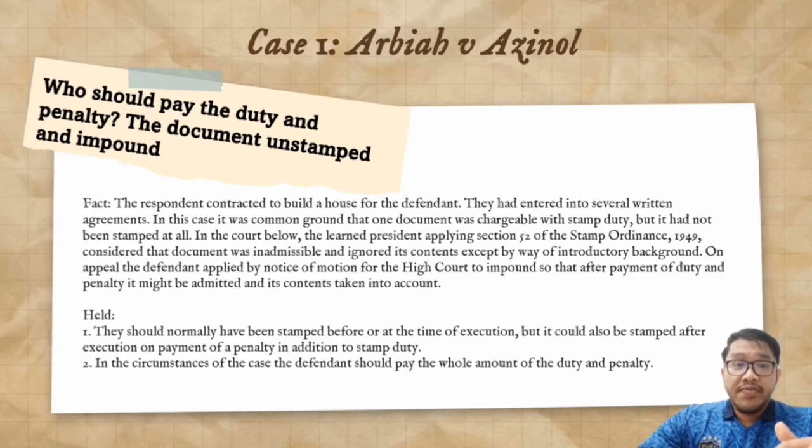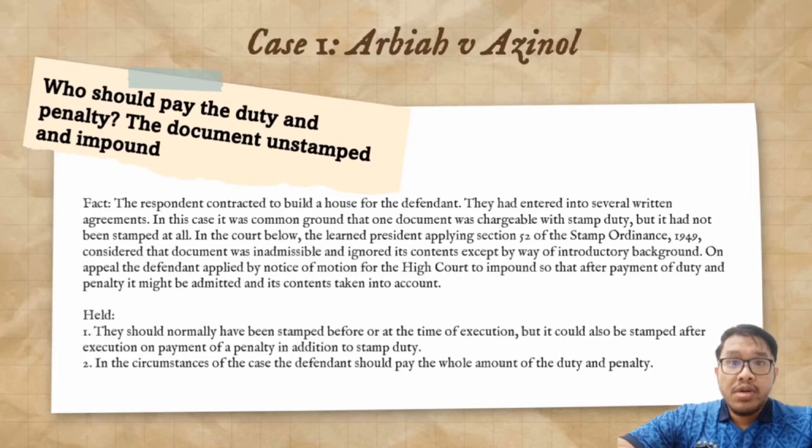The fact in this case is that the respondent contracted to build a house for the defendant, and they entered into several agreements. The common ground is that the document was chargeable to be stamped, but the document was not stamped at all and was then impounded.